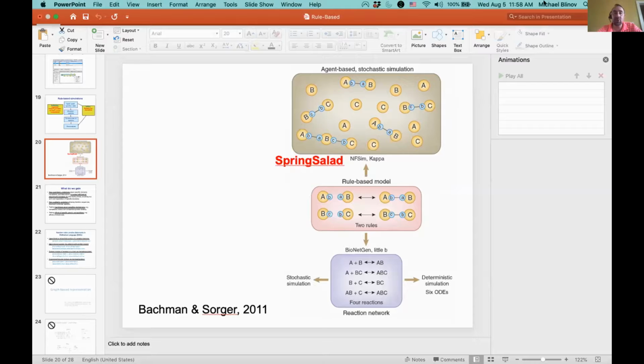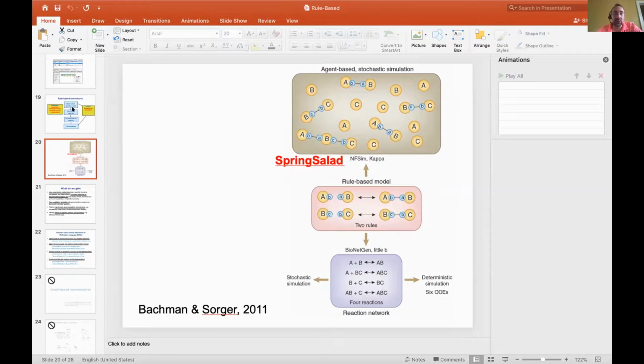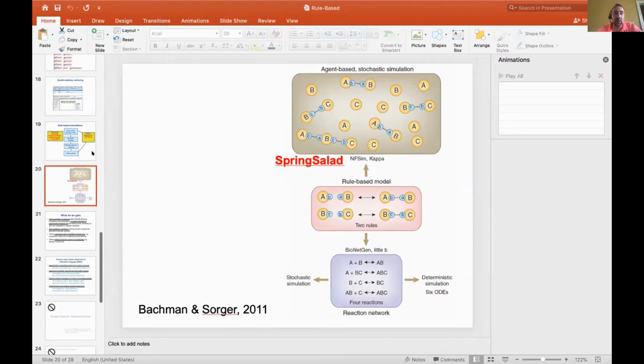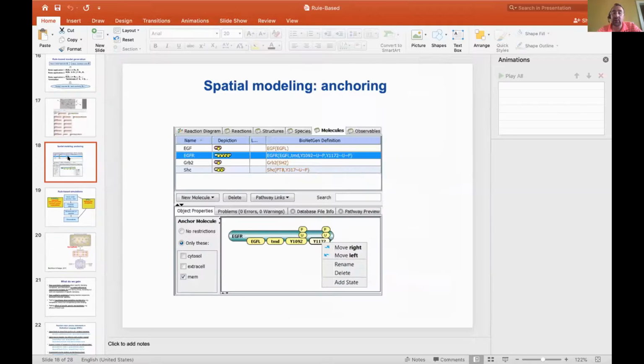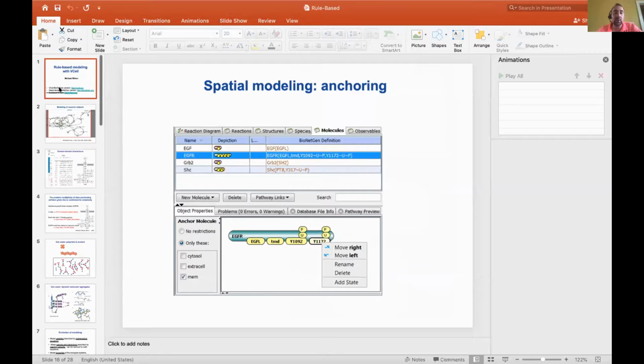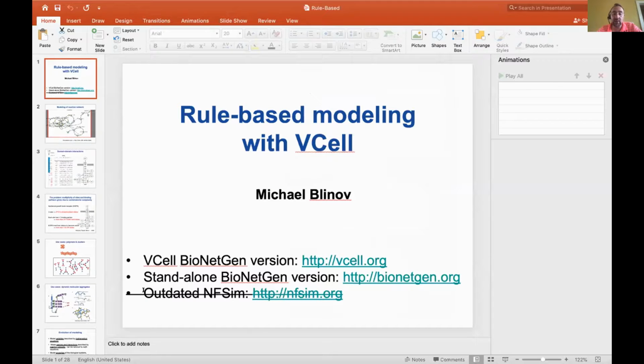So I have 2 minutes left, and I will tell you 2 more features that we have in Virtual Cell, and those features are unavailable in standalone tools. Both BioNetGen and NFsim exist as standalone. Here I crossed out nfsim.org, although it's the first site that comes up when you search for NFsim.